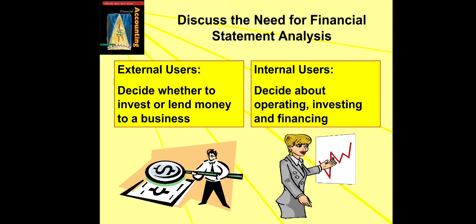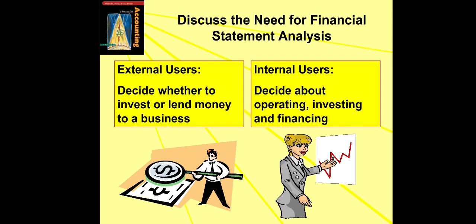Managers analyze financial statements because they want to make management decisions. They want to make decisions like setting the price for the product, and deciding how many quantities of the product have to be produced.